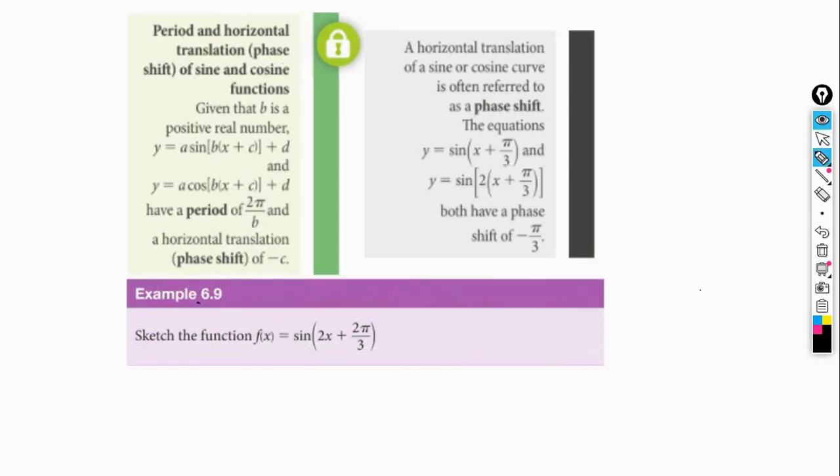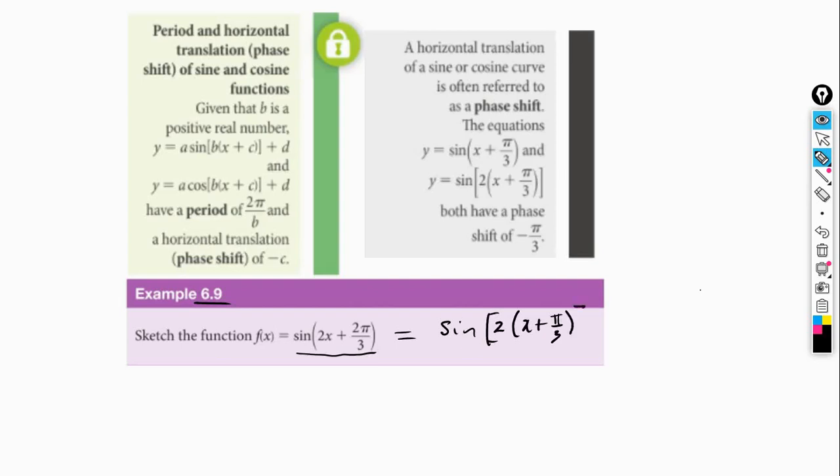So in example 6.9, they ask us to sketch the function sine of 2x plus 2 pi thirds. So how do we sketch these functions? Notice that this is going to equal sine of 2 times x plus pi thirds.